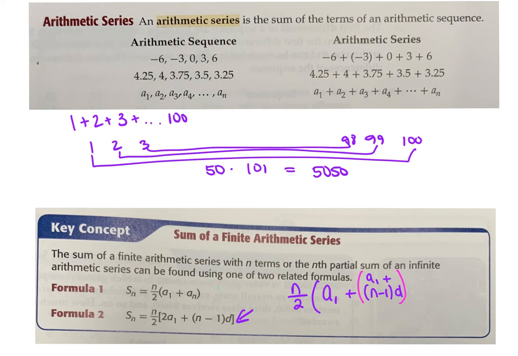And so all they did is they took the a sub 1, there's 2 of them, that's 2a sub 1, and then the n minus 1 times d. If you don't remember that one, you can just solve for your last term if you don't naturally have it. But that's where they came up with that second formula.